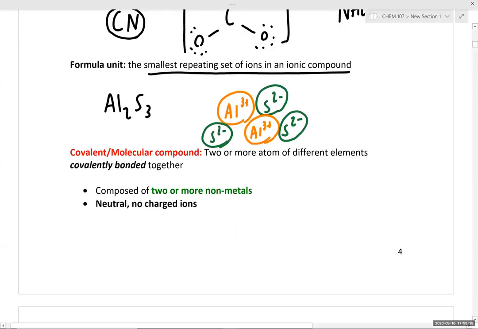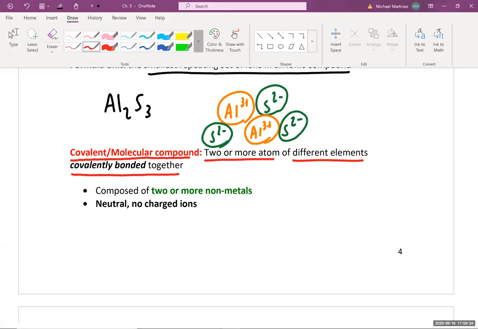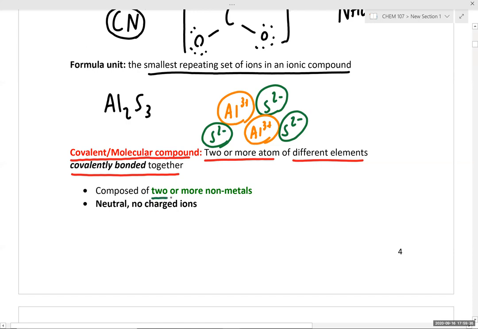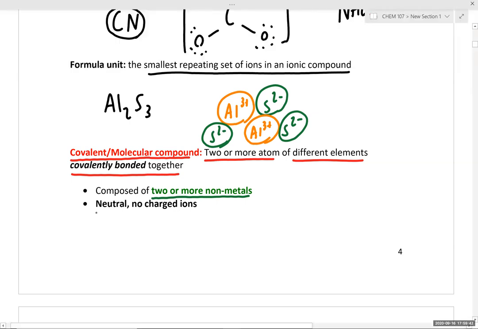Now, as a counterpoint to the ionic compounds, a covalent or molecular compound consists of 2 or more atoms of different elements covalently bonded together. And the signpost that we have a covalent compound is that we have 2 or more nonmetals in our formula, and we have a neutral species with no charged ions.